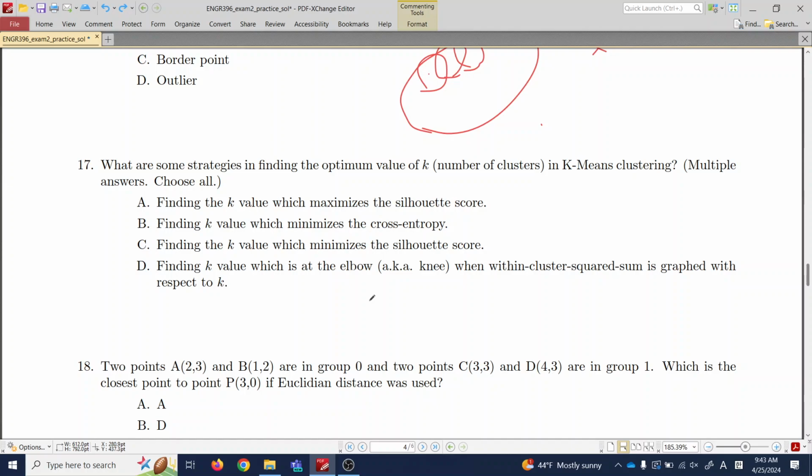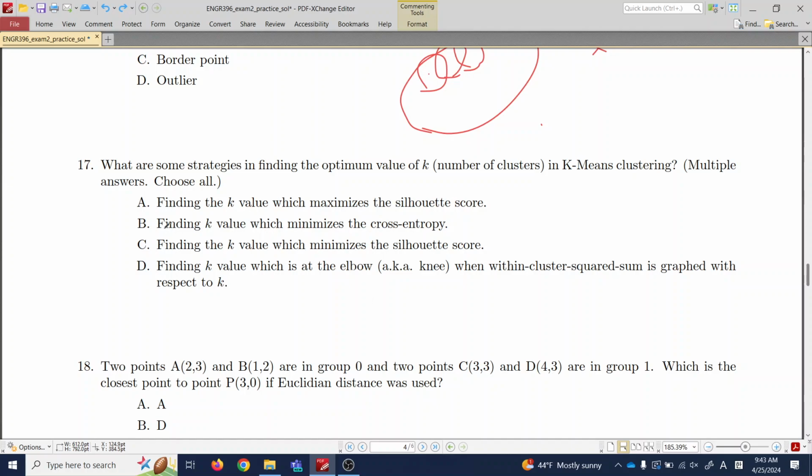We were doing k-means on the iris data, which was already labeled, so we kind of knew what the desired outcome should be. But in many cases, you don't really have a good idea of what k should be. So there are two ways to find the best value for k.